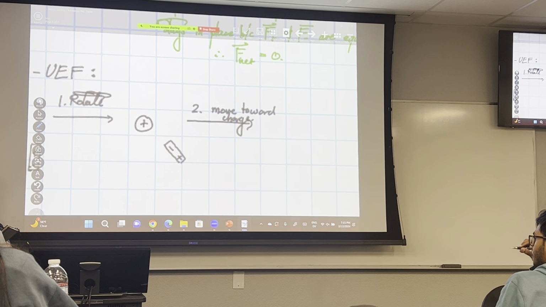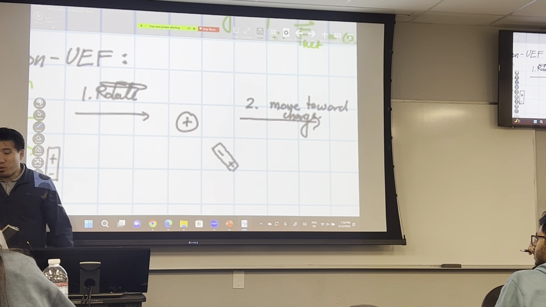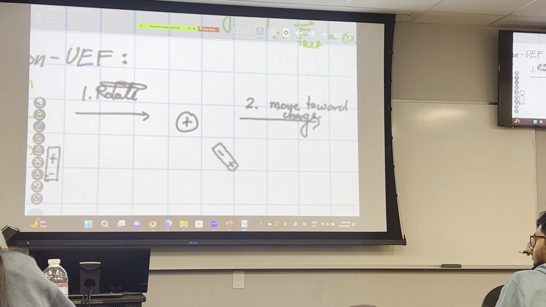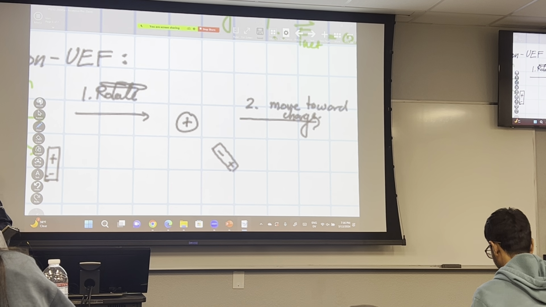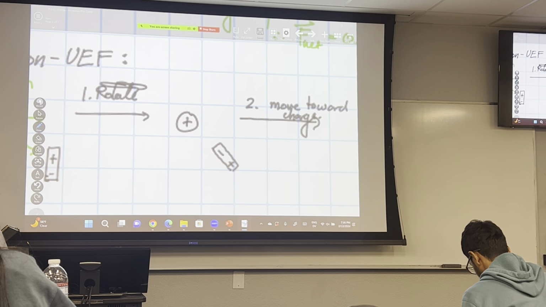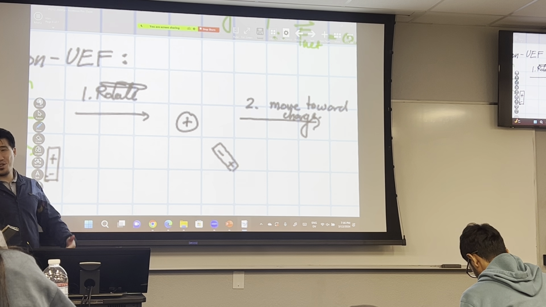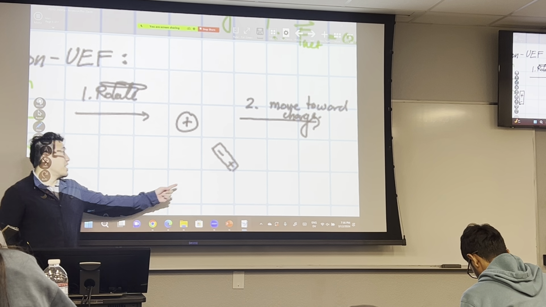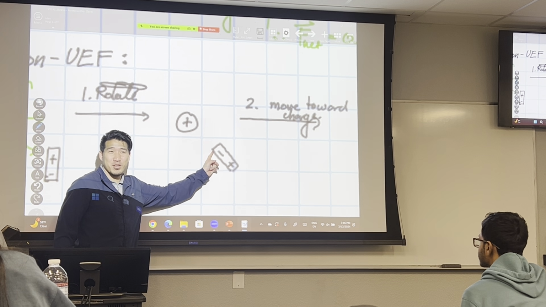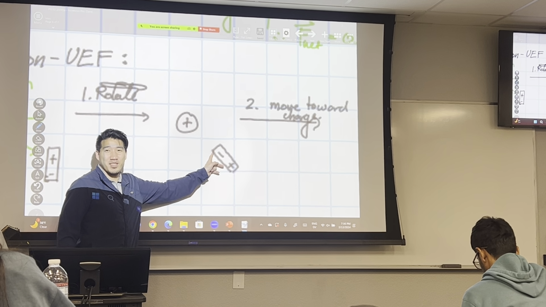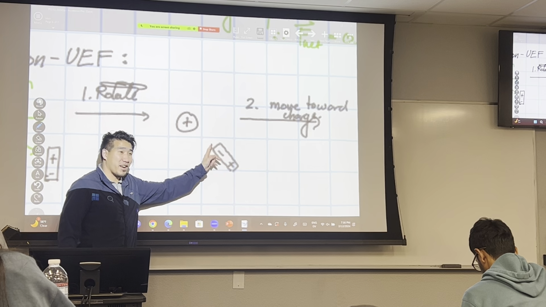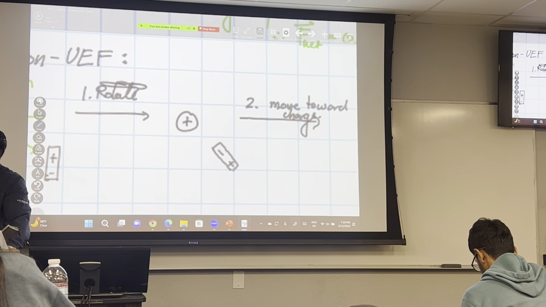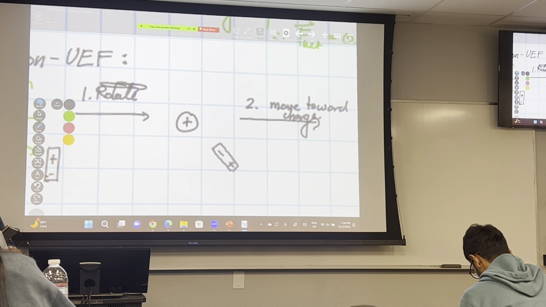The rationale was what Fatima had stated. In the electric field of a point charge, you have a distance-dependent electric field. It gets weaker as you go further away, meaning it's stronger as you get closer. In this case, which one is closer? The negative. Right, the negative is closer, so there's going to be a stronger interaction.